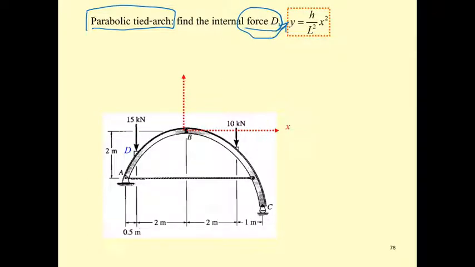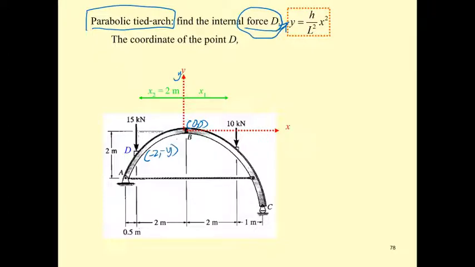We set this one as x and this one as y, and this one is going to be 0, 0. And the coordinate of point D, let's move this one to minus 2 and put this one here. This is going to be minus 2 and minus y.